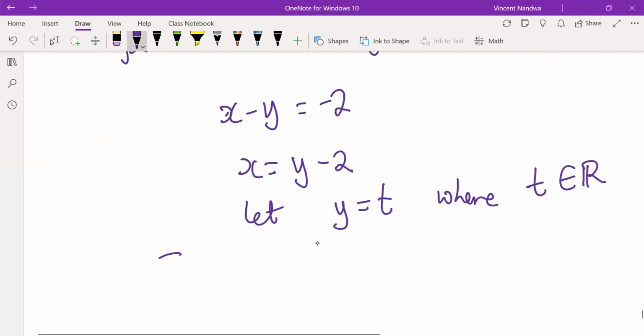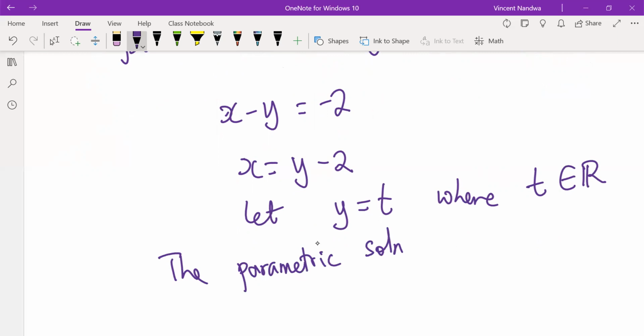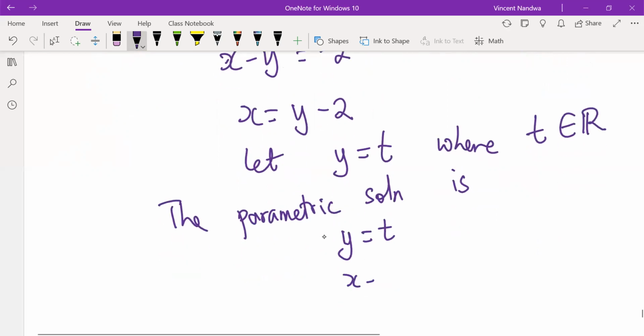So the parametric solution is y equals t and x equals, where the y put t minus 2, where t is a real number.